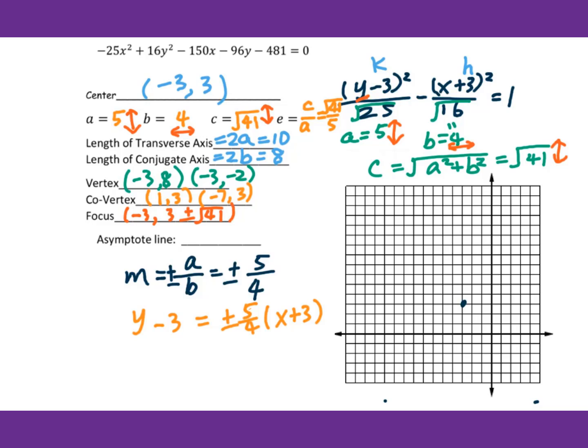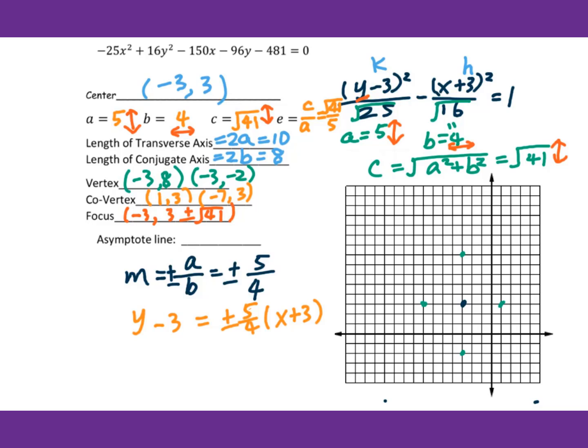It's here. Then for A, go up 5, down 5 from the center. 1, 2, 3, 4, 5 is here. Go down 5, 1, 2, 3, 4, 5 is here. Then for B, left 4, right 4, 1, 2, 3, 4. 1, 2, 3, 4.